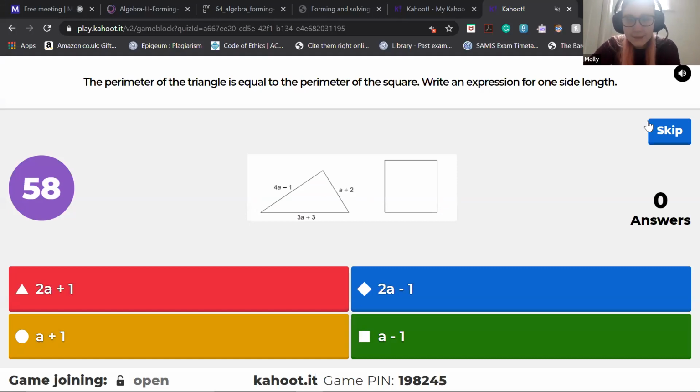But okay, so here the perimeter of this triangle is equal to the perimeter of this square. So what can we say one side length of the square is? Slightly trickier on this one, but give it a go.